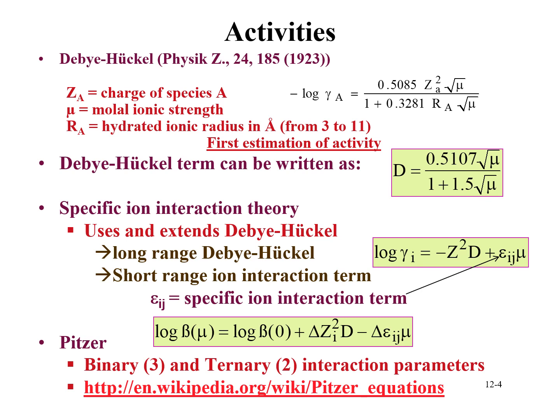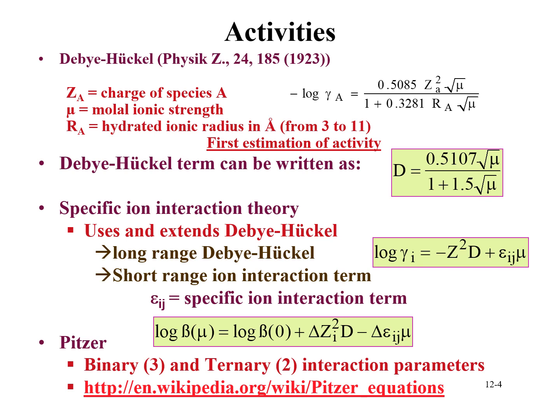One can wrap up all these terms together and develop an equation which says the log of the complexation constant at a measured ionic strength is equal to the value at zero ionic strength plus this function of the Debye-Hückel term minus the specific ion interaction terms times the molal ionic strength.